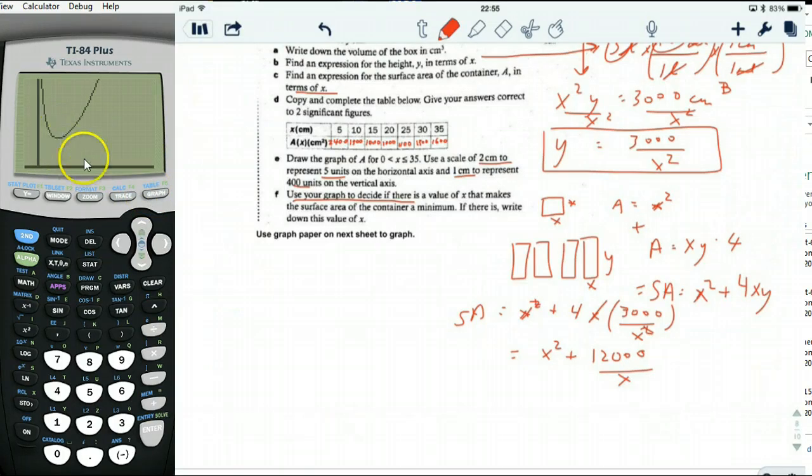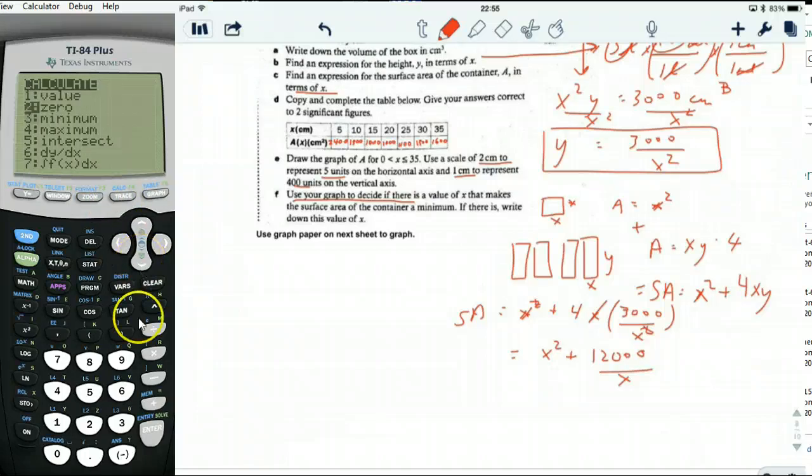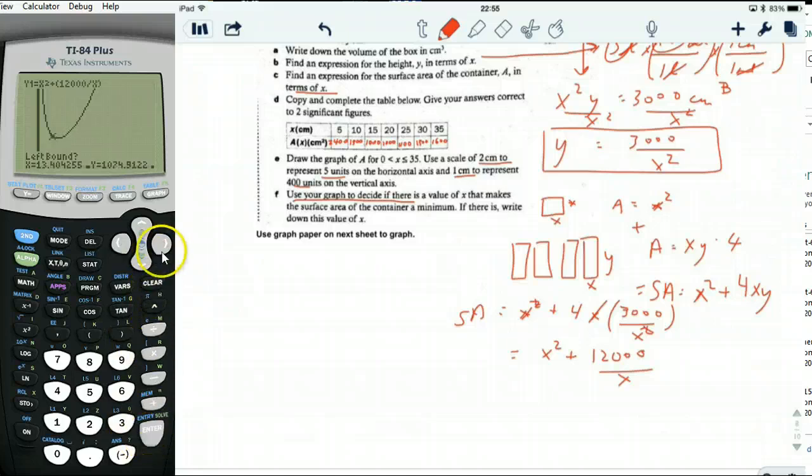Now let's find out what the minimum point is, because that's what they wanted to know. We could use table, we could use the graph, we could see it's around 1,000, but since we have the calculator, why don't we get a really accurate value? So we need to move the cursor to the left side of the minimum point. Enter.